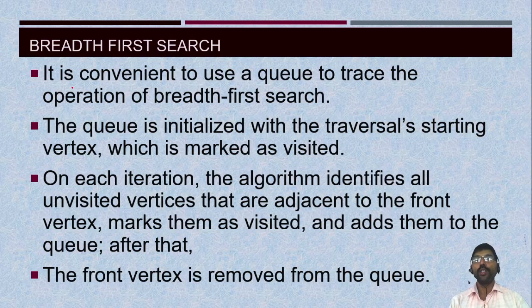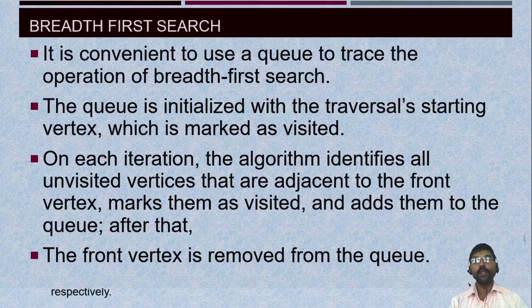In breadth first search, it is convenient to use a queue. In depth first search, we are using a stack, but in breadth first search, we are using a queue to trace the operations of breadth first search. The queue is initialized with the traversal starting vertex.